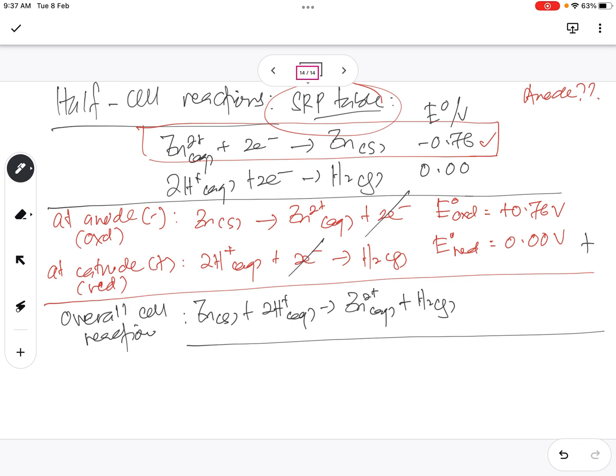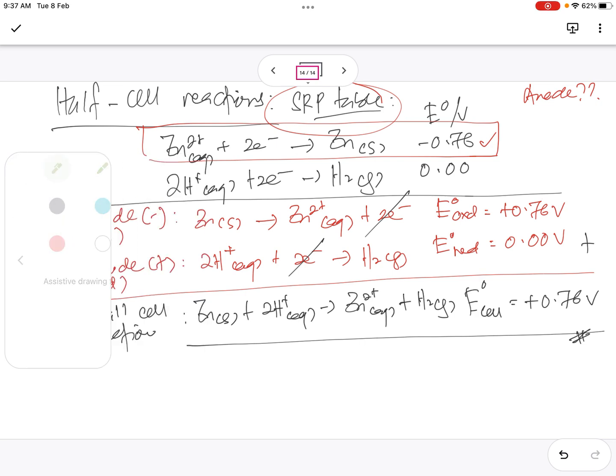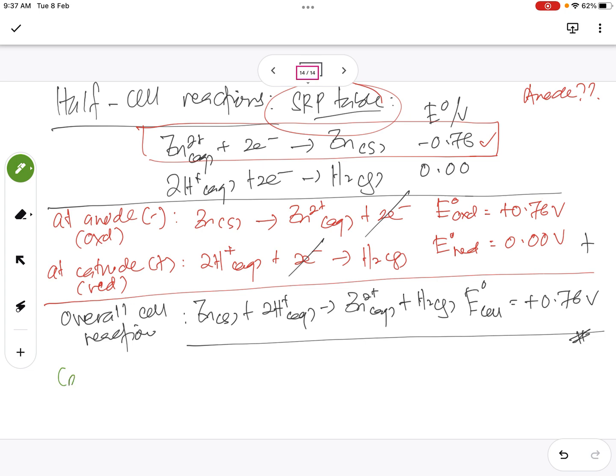When we add these two, what do we get? E0 cell. Very good. E0 cell. Easy, right? Just add directly. Positive 0.76 volt. Okay so far? Okay, sir. So next we directly make the cell notation.